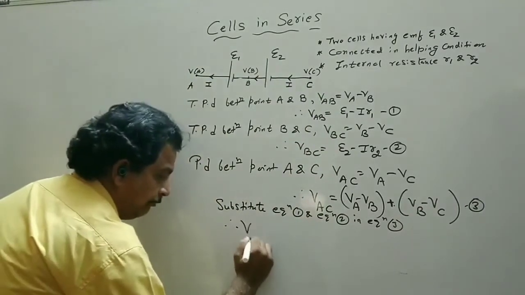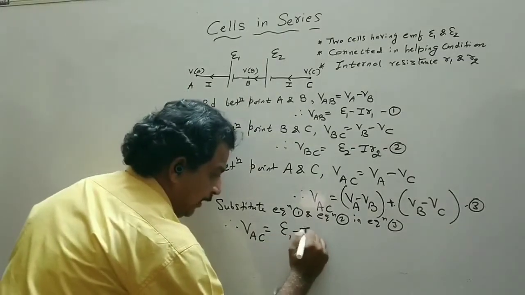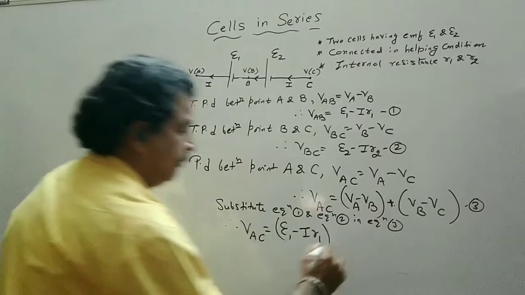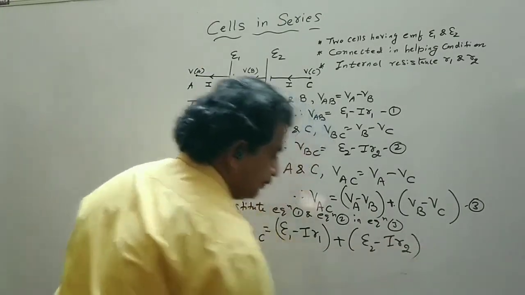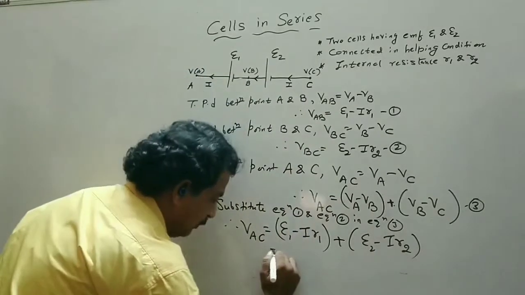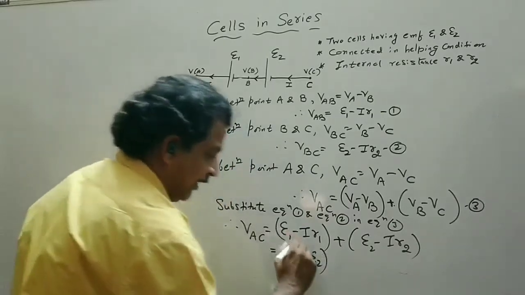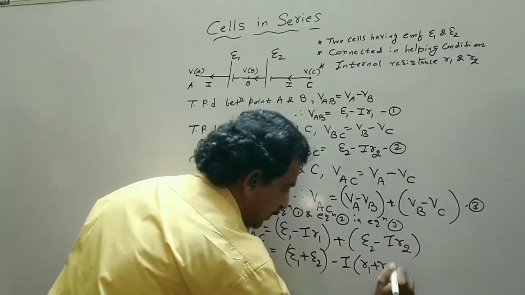Therefore, VAC is equal to E1 minus IR1, that is VA minus VB, plus E2 minus IR2. Now let us rearrange this, so it becomes E1 plus E2, we take minus I common here, so minus I times R1 plus R2.